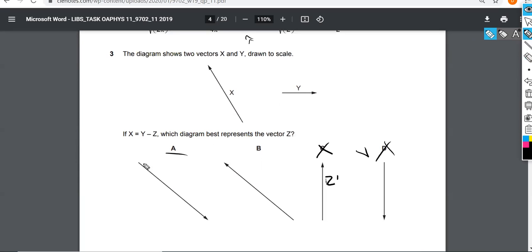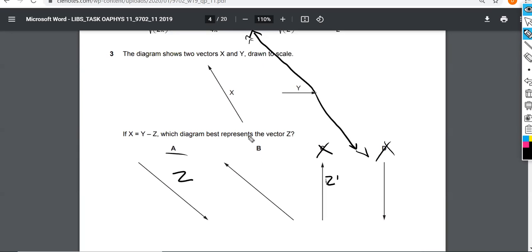So we're going to add vector A to it, put it head to tail. It would go something like that. That would be the sum of y plus A. But I want to do y minus z now, right? So which one of these is z? Well, A has got to be z, right? Because if we added y plus z, we get that. But if we flip the direction of this, it's going to point back up that way.